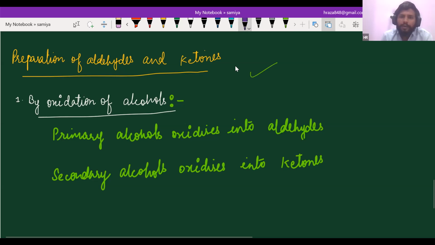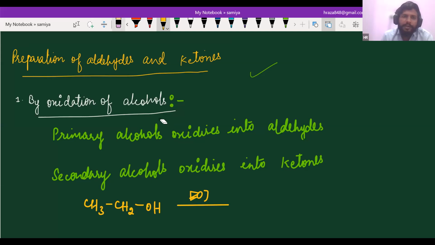If I write a reaction like this: if there is CH3CH2OH and you do oxidation with a mild oxidizing agent, then it will be directly converted into aldehyde.